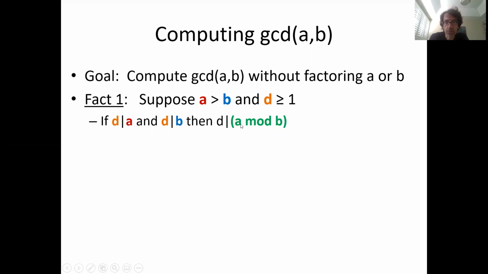And it's also no larger than a, because the only case where this can be as big as a is if a was smaller than b, in which case a mod b is just a itself. But that's not the case, a was larger than b. So it's smaller than b, so it's definitely smaller than a. So that's a basic possibility of recursion right there. Let's check that this fact is true.